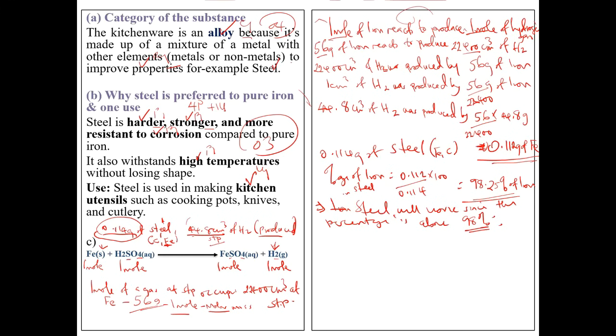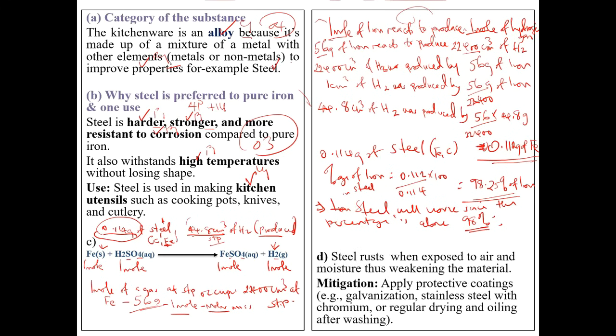Now let's look at the last part, which is part D, the side effect of the product and its mitigation. So side effect, we can say steel rusts when exposed. Rust, that is the danger. It rusts when exposed to air and moisture, weakening the material.